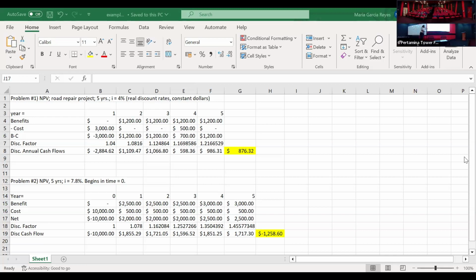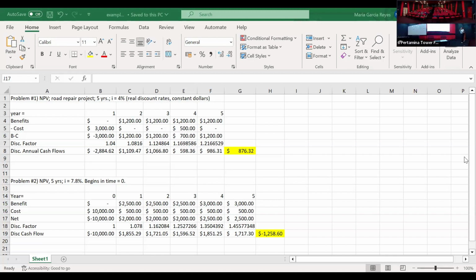And then I estimate the cash flows for each year. So by the end of the 5 years, this net present value is 876. Do I go for the project or I don't go? Yes, Maria, we do it because it has a positive net present value.